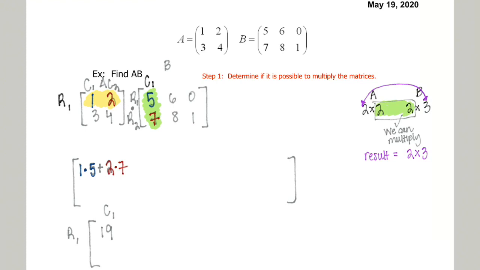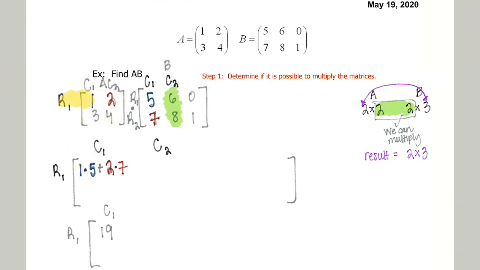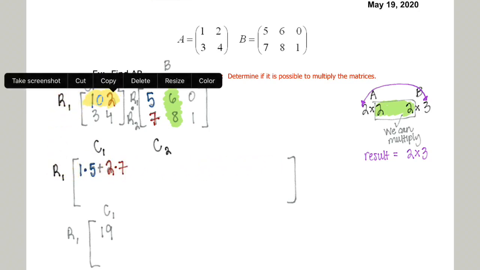Okay, let's do that again. Now if I move this highlight over to column 2, this was column 1, now I've moved over to column 2, and we're working with row 1. Row 1 is highlighted, so we're still in row 1, okay?